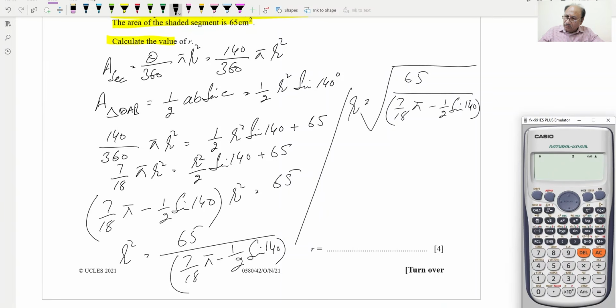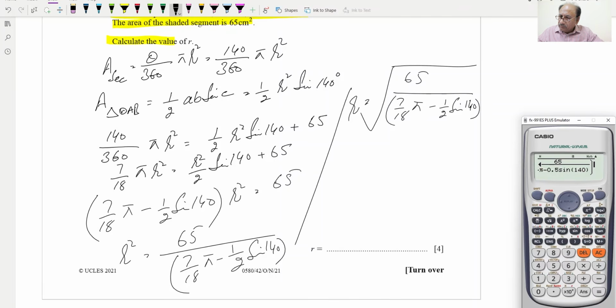We write square root of fraction 65 over a bracket, again fraction 7 over 18 pi minus 0.5 sine of 140 degrees, and we need to close the brackets.